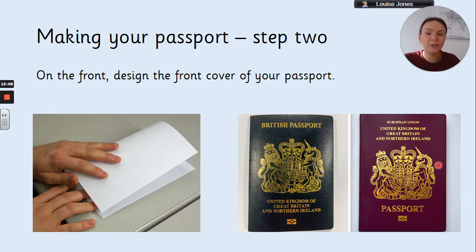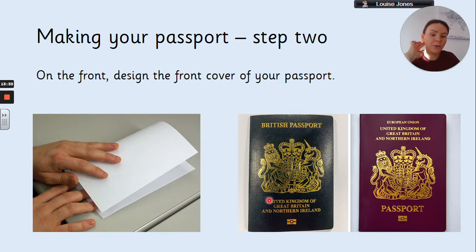Okay, and making your passport, step two, is to design the front cover of your passport. So on this bit here at the front page, you are going to design it so it looks like an actual passport. And I've put some pictures of what actual passports look like. Of course, you might have passports at home that you can look at, the real deal. There are two different versions, because we used to have this burgundy, this dark red version here.